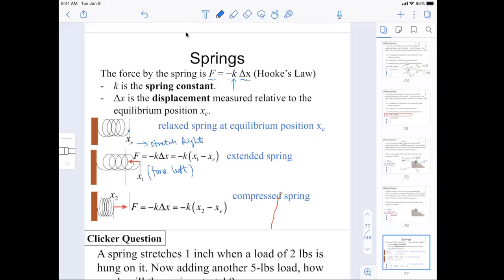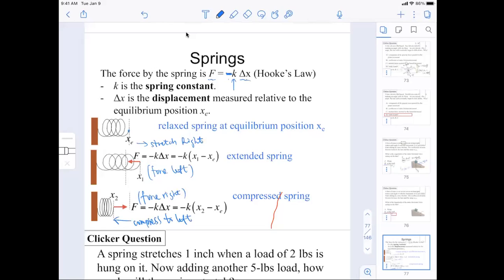So that's why we put a negative sign here. Likewise, you can compress the spring. If you push it to the left, then the force will be pushing you out. The force is to the right, always in the opposite direction. That's why we put a negative sign to describe those relationships.